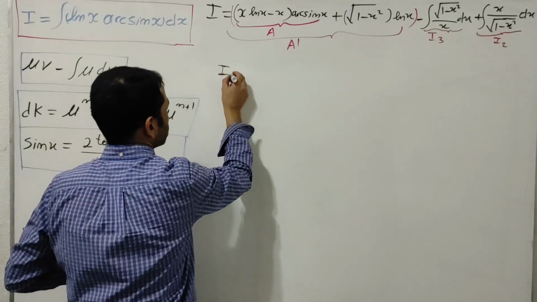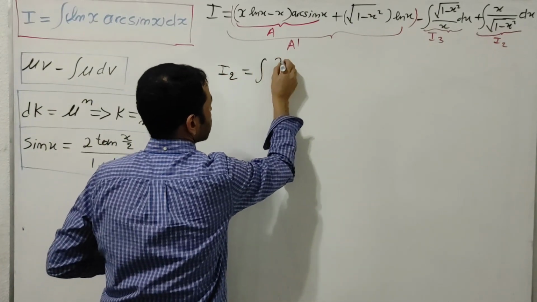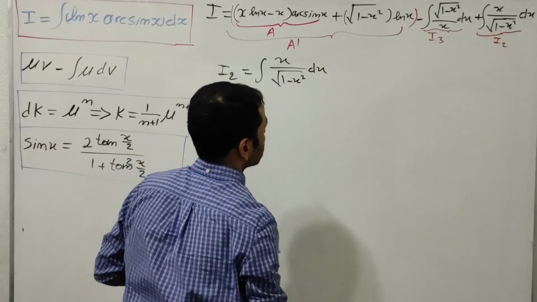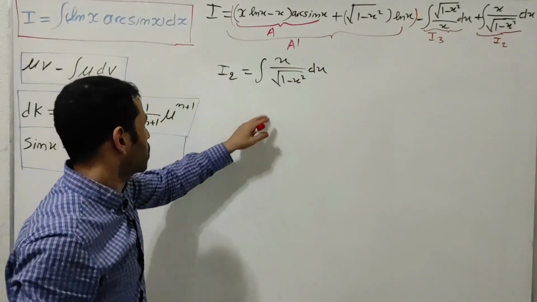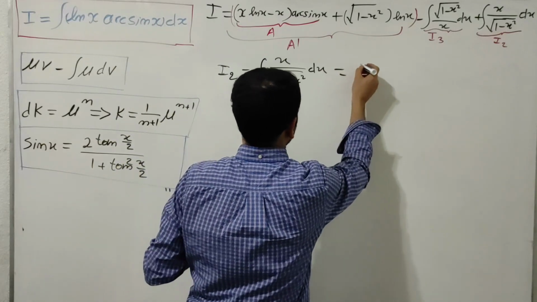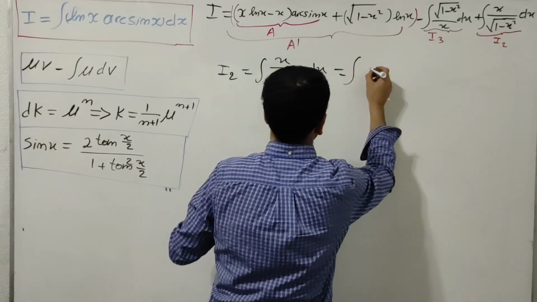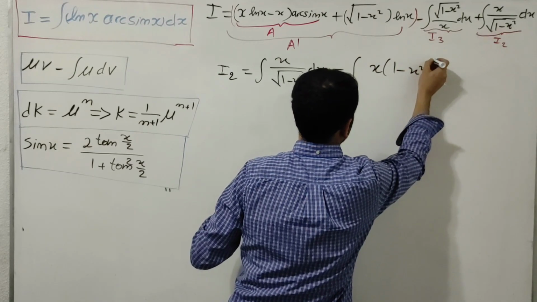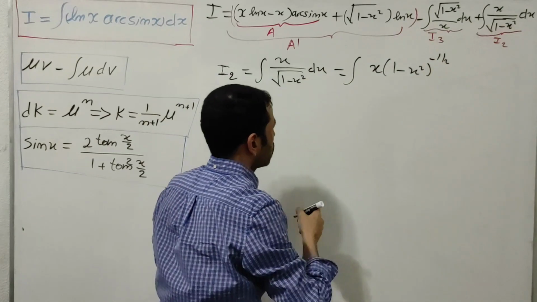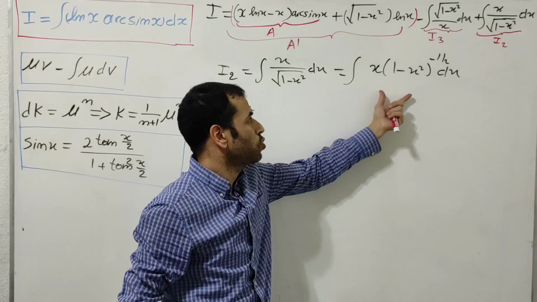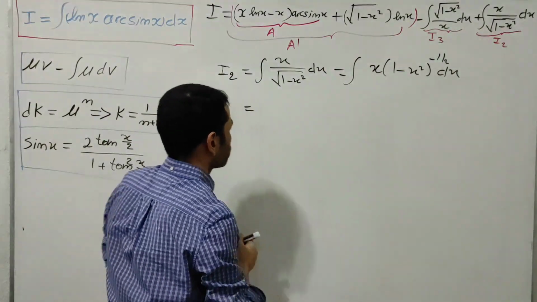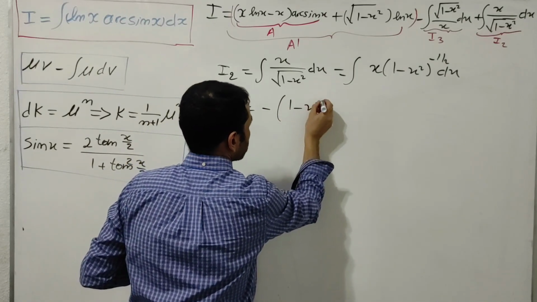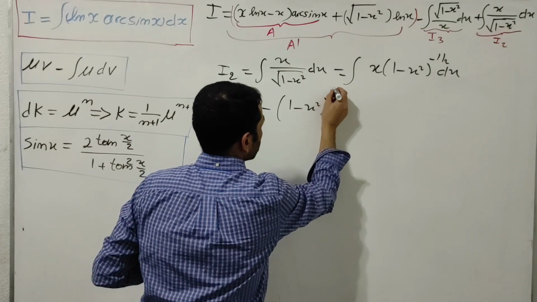Okay, the I2 integral equals x divided by square root of 1 minus x squared dx. This is very simple as we did before. This is giving us the integral of x multiplied by 1 minus x squared to the minus 1 over 2, dx. This one we already calculated, it was minus 1 minus x squared to the 1 over 2.